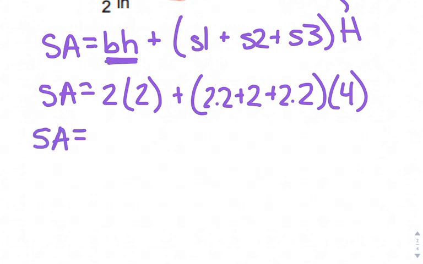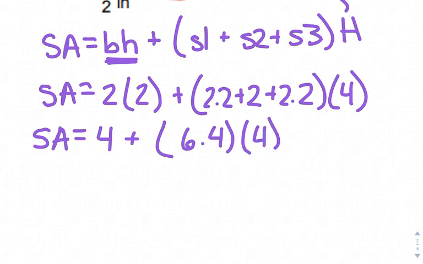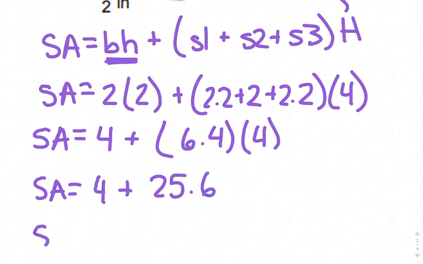Well, 2 times 2 is just 4. I have to add before I multiply, so 2.2 plus 2 plus 2.2 is 6.4, and then times 4. So PEMDAS says multiply first, so I get 25.6, and then I add them together and I get 29.6 inches squared.